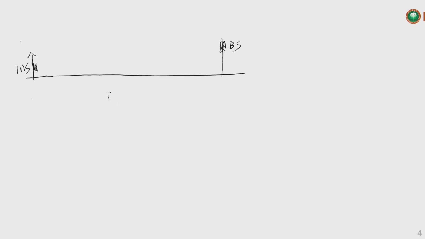The distance D is 1 kilometer, and the center frequency f_0 is 2 gigahertz, for example.